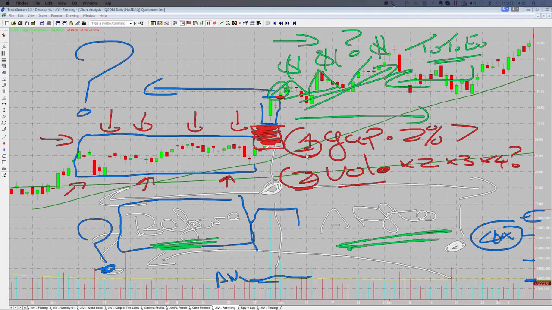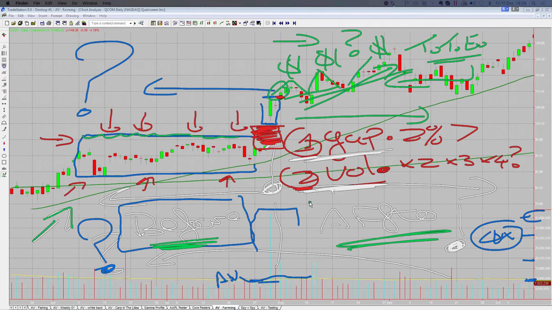So before we look at the charts, let's split it down. We can scan for a gap. Before we look at the chart, we could scan for volume. But when we're looking at the trend, when we're looking at a break of resistance, that's going to require a visual confirmation.